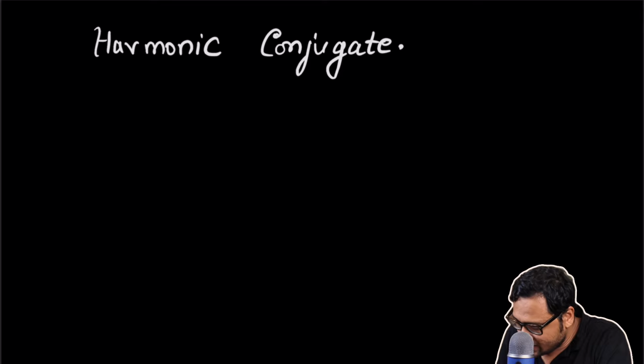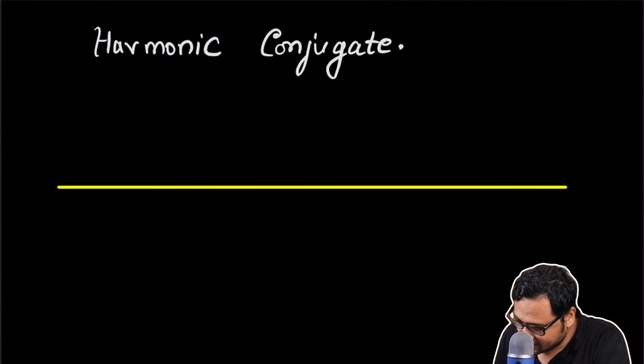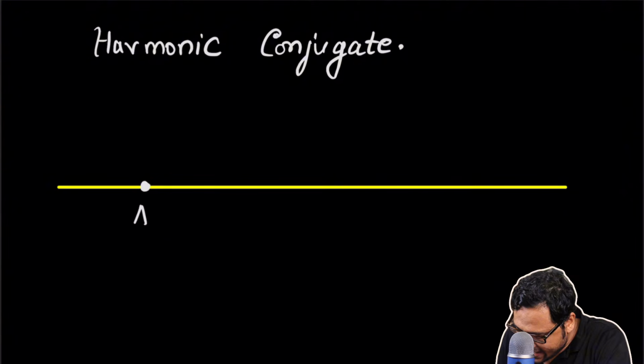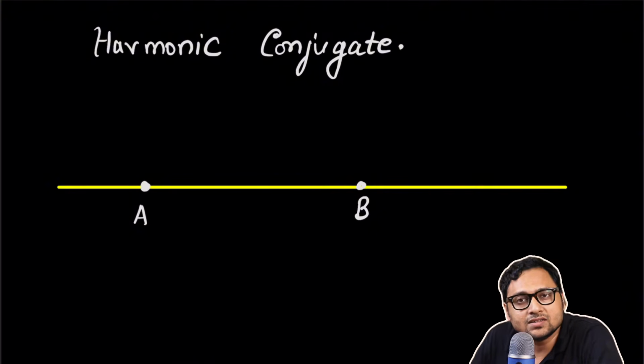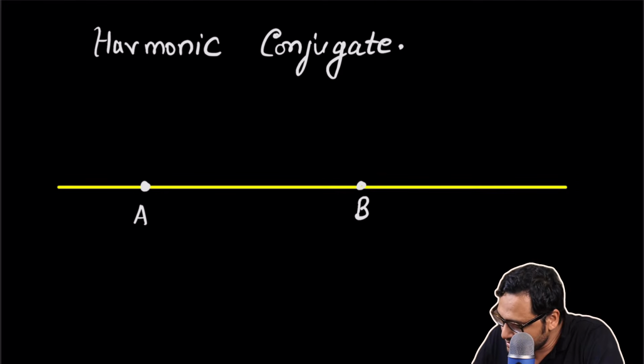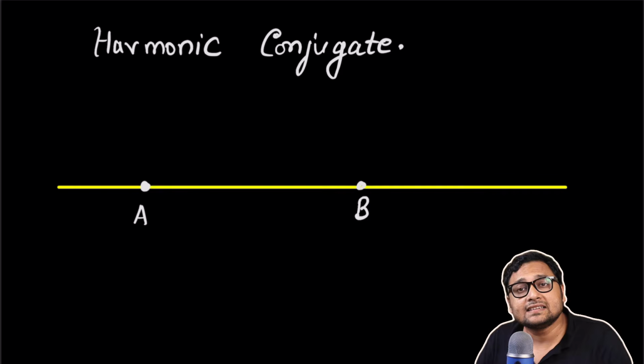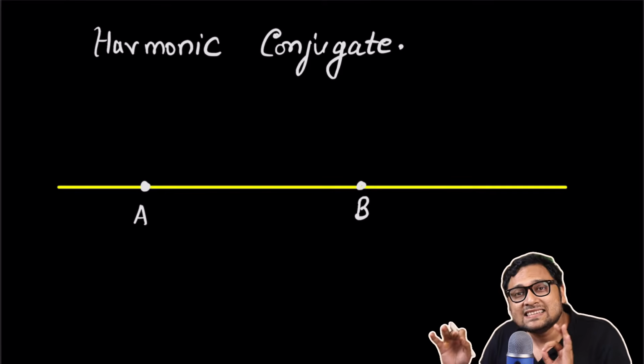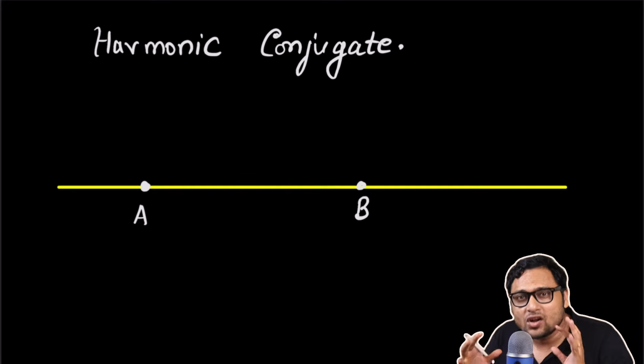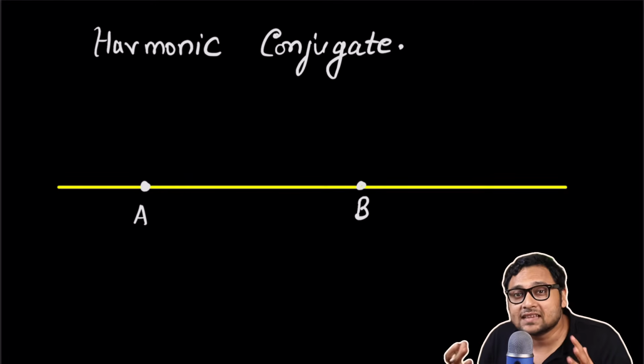Let's start with the harmonic conjugates. Suppose we have a straight line like this, and we have a point A and a point B on this particular straight line. We will say that AB and CD are harmonic conjugates if something happens.